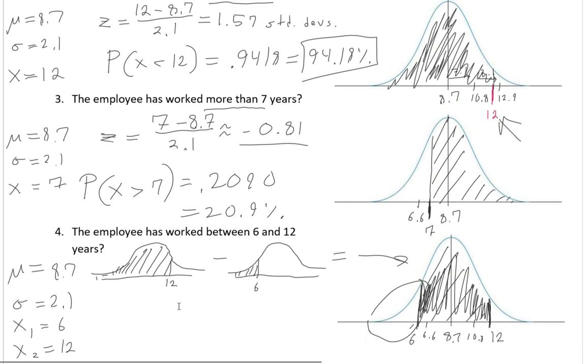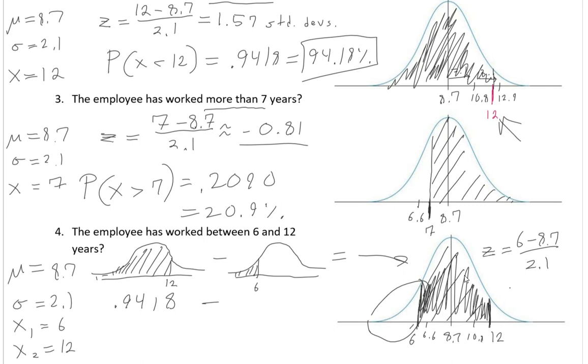One of those we already found. For 12, we found that earlier. We found that area was 0.9418. Now we just need to find the area for 6 and down. Well, to do that, we could do a quick z-score. The z-score for 6 would be 6 minus 8.7 divided by 2.1.